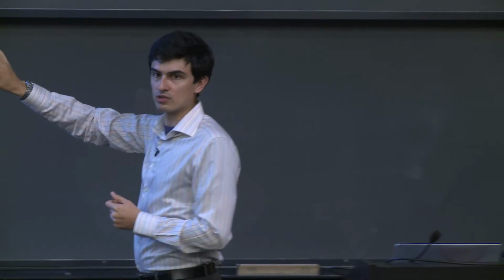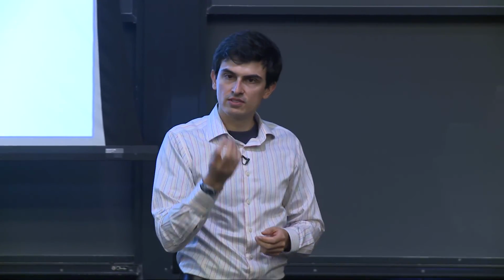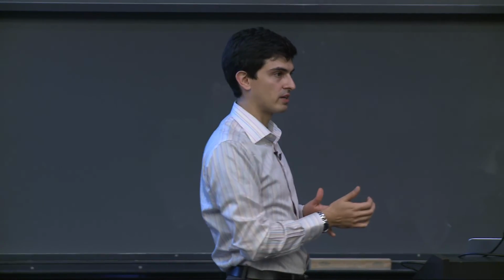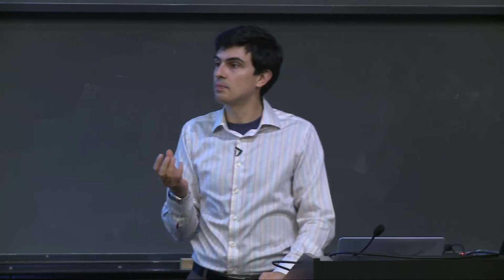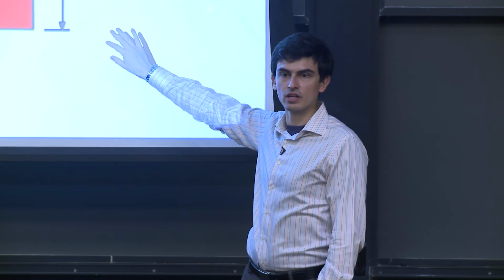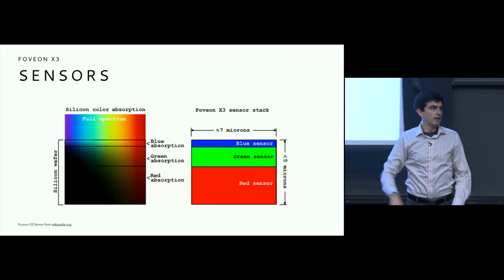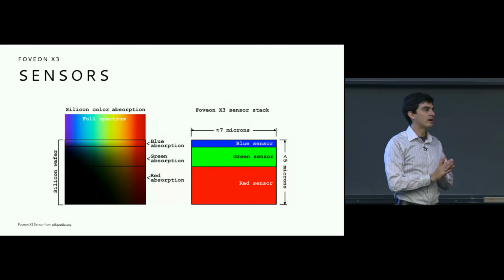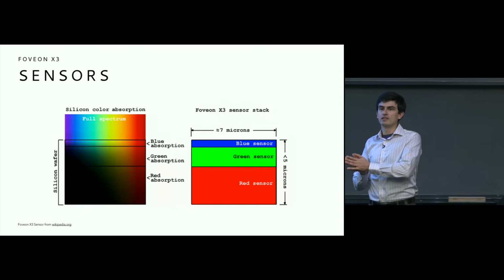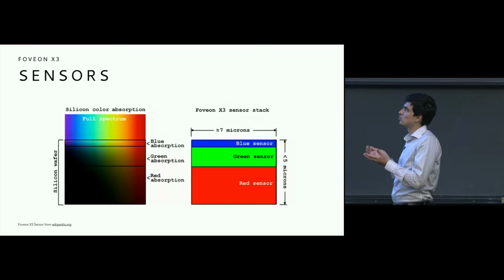So what we see out of sensors like this is an improvement in resolution, because now every single pixel, every single photosite, is able to capture the red channel, the green channel, and the blue channel, meaning that essentially at every pixel, this has 3 times the amount of information compared to a color filter array sensor. But at the same time, this means that I now have to do different math to try to figure out what those original wavelengths are.